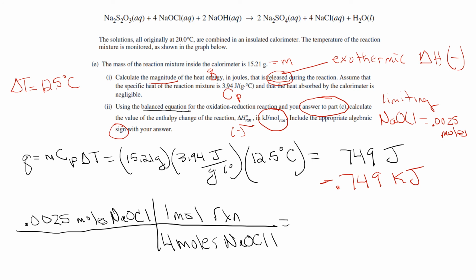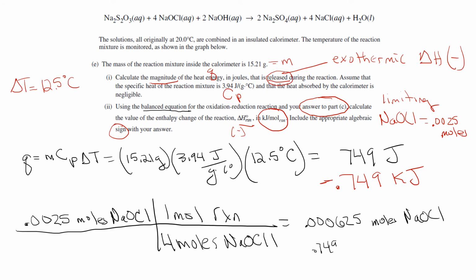So when I do that math, for every 1 mole of reaction, I'm going to consume 0.000625 moles of my limiting reactant. Okay? Now we're just going to divide those two values out.